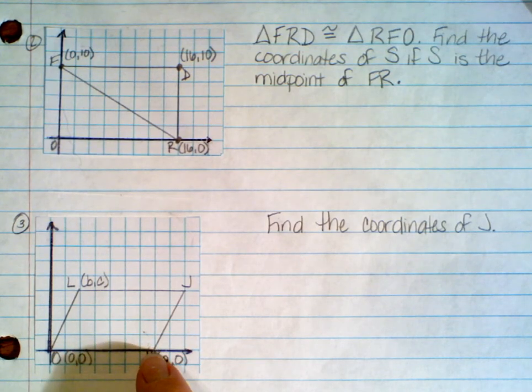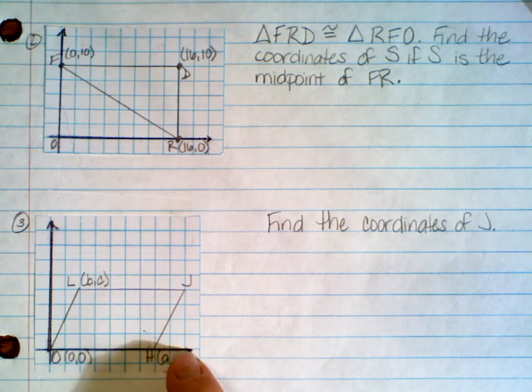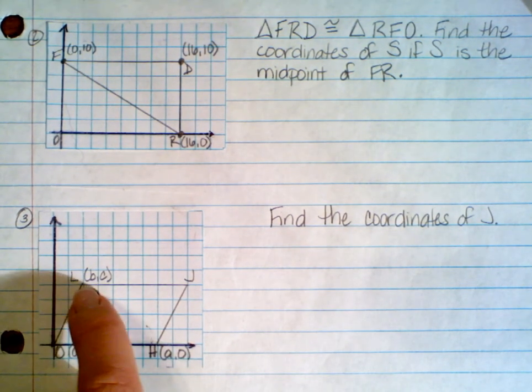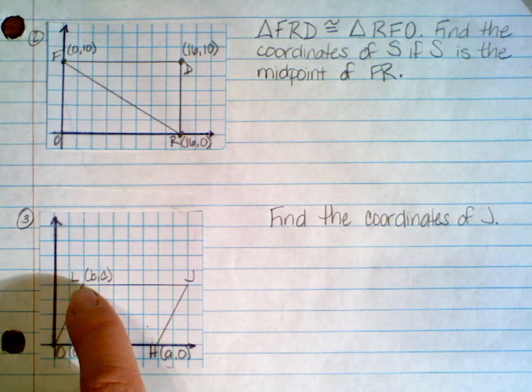So point J on the x-axis is A plus B units over, because these two units are the same as these two units up here. To get to point L, I have to go over B units.